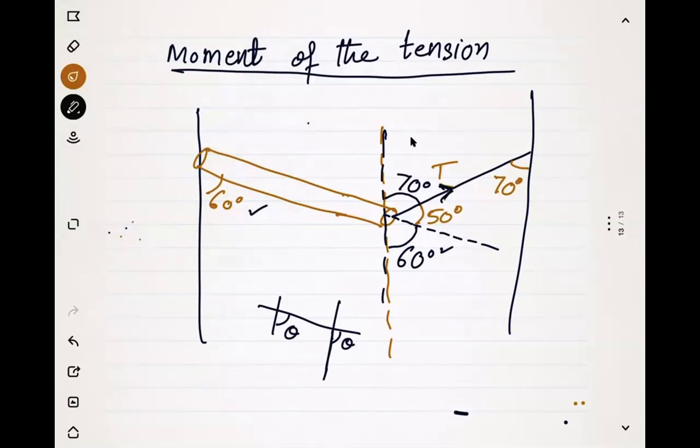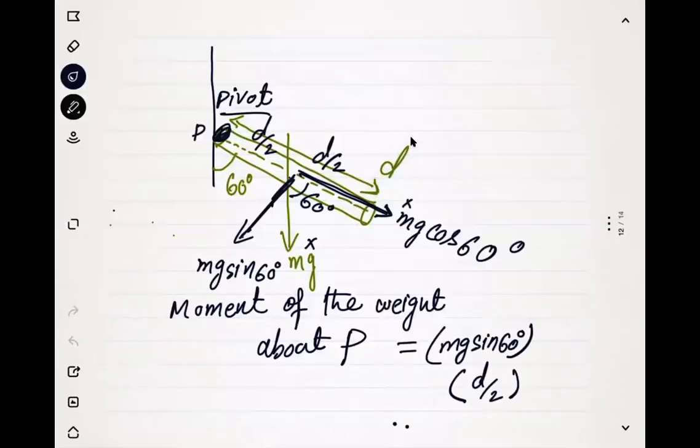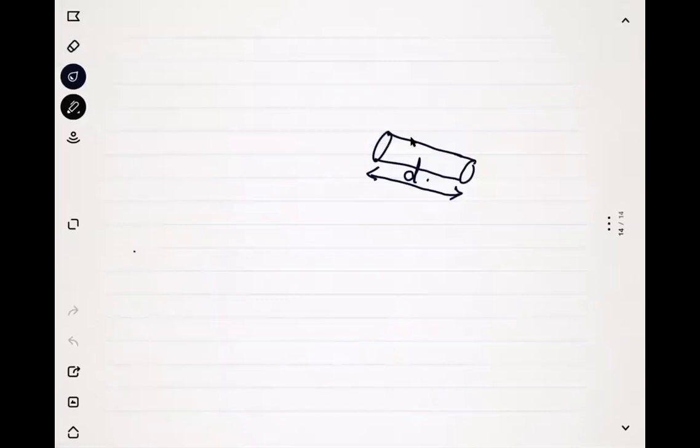So once you found the angle, the next step would be to resolve the force. For example, this is the object, whose gap or length is d, and the force that is acting is the tension in the rod.